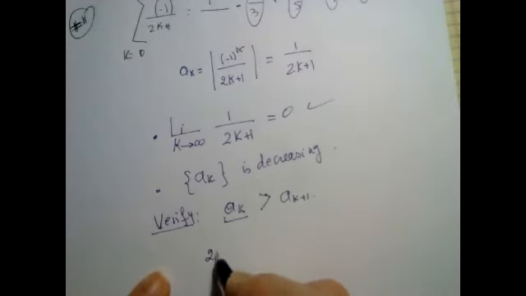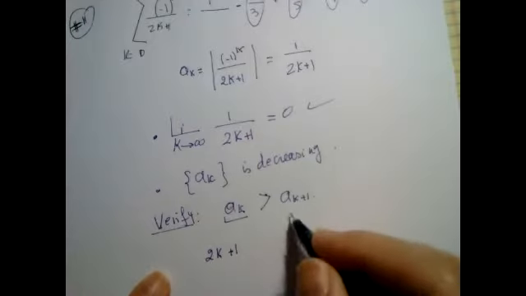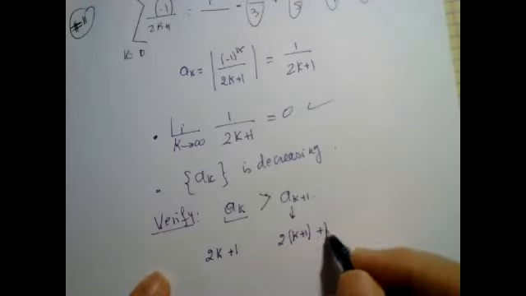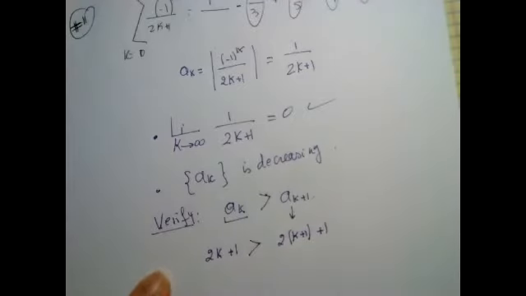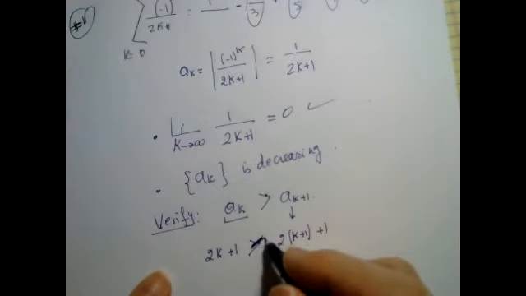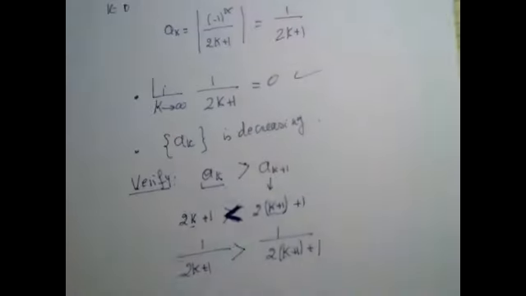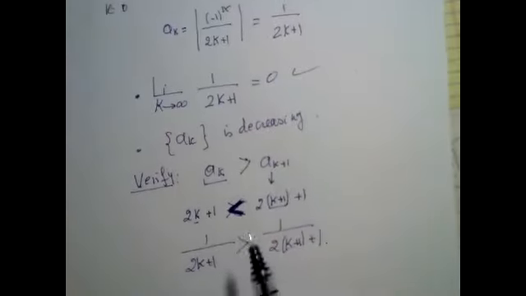But let us see here. ak, the denominator is 2k plus 1. The denominator here is 2 times k plus 1, plus 1. And 2k plus 1 is definitely less than that, because k is less than k plus 1. So when I'm going to flip them, this is going to be bigger than that. Okay, so we have to verify that every term is larger than the terms that come after it.